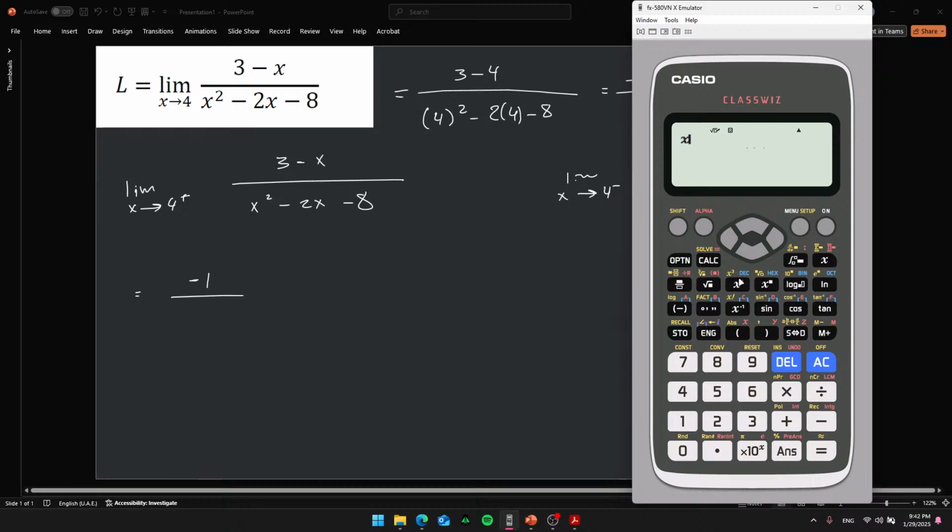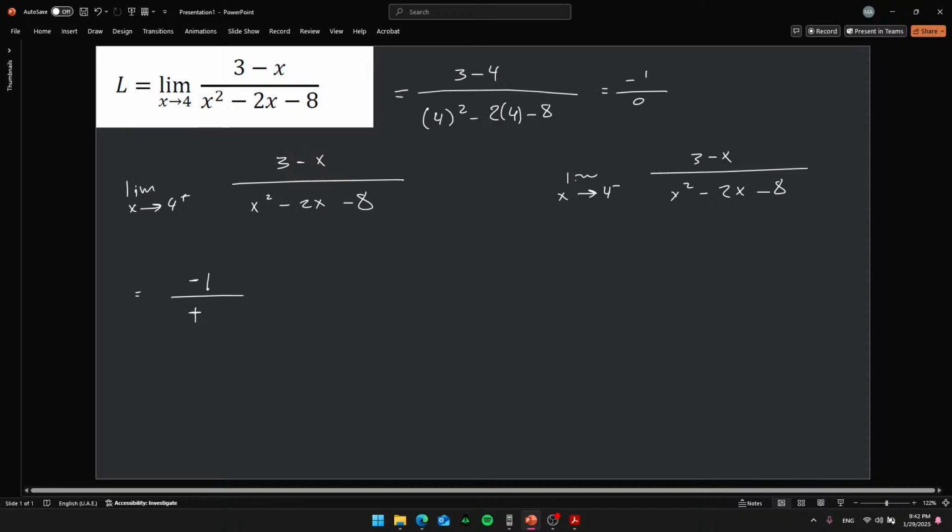So x squared minus 2x minus 8, calculator, 4.01, let's say. It gave me a positive number. I don't care about the value, just a positive number. So negative 1 over positive is negative. And since it's either infinity or negative infinity, we have negative here, so it's negative infinity.